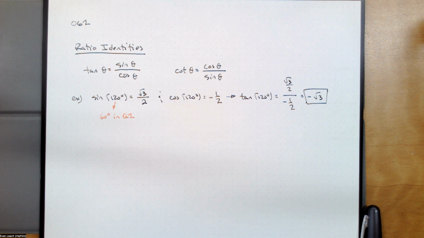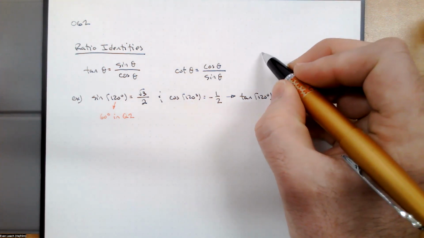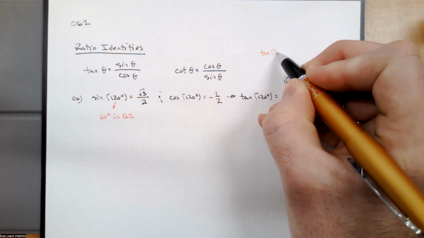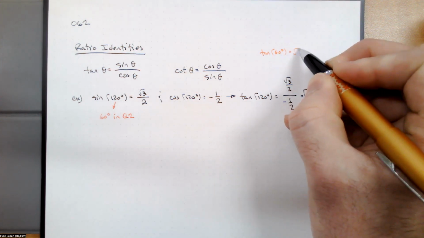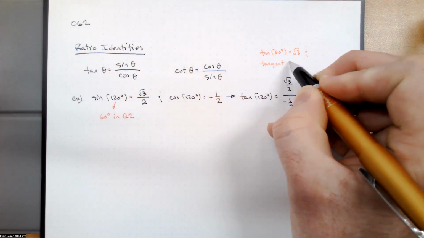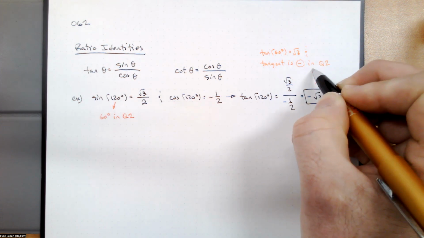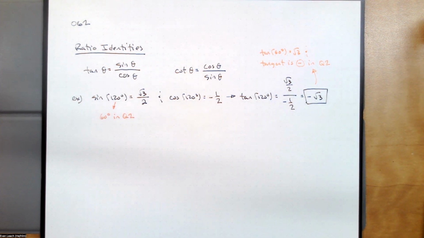This makes sense because we know that the tangent of 60 is √3 and tangent is negative in quadrant 2. We always got to make sure that our answers make sense. So negative √3 makes sense.